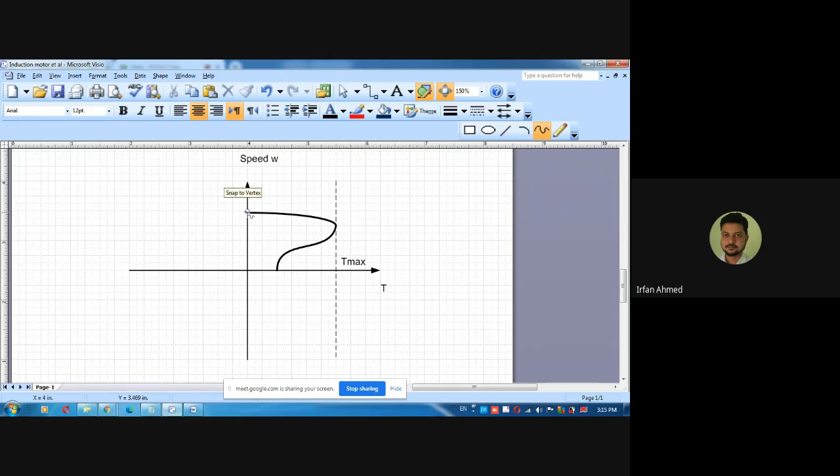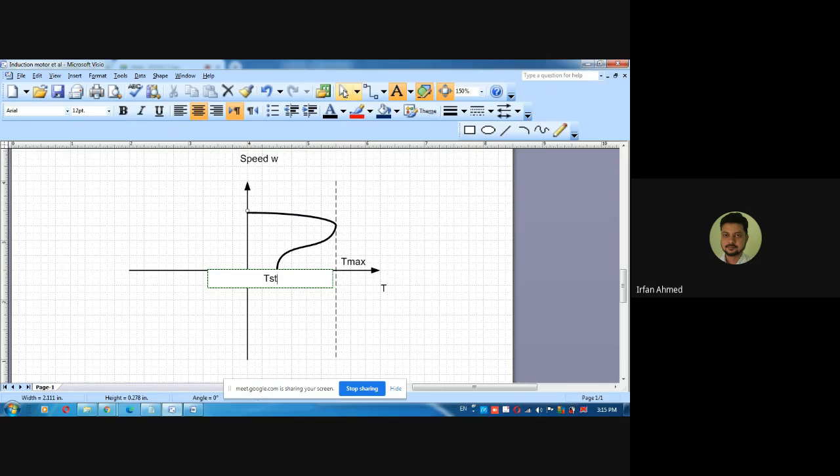This is your synchronous speed. This is the preferred operating region that is mostly linear, close to the synchronous speed. This is your maximum torque. This is your S_cr, the critical slip at which maximum torque occurs. And at this torque, the speed is zero. This will be your starting torque, T_st.